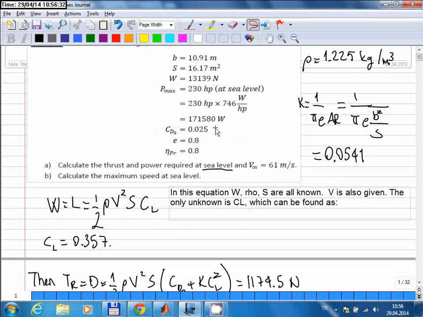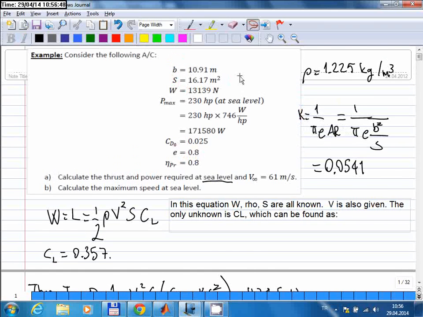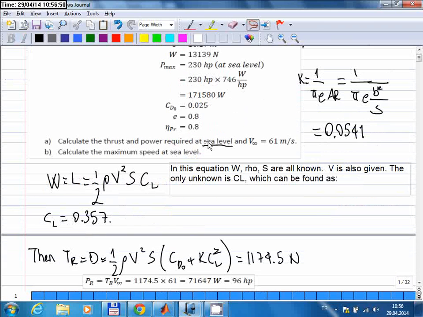The Prandtl drag coefficient is given, and then the other K coefficient for the induced drag can be calculated using these numbers. The Oswald efficiency factor and the aspect ratio can be found from here. Okay, there's also this efficiency number. This is the propeller efficiency.